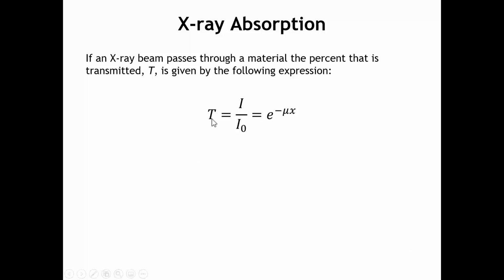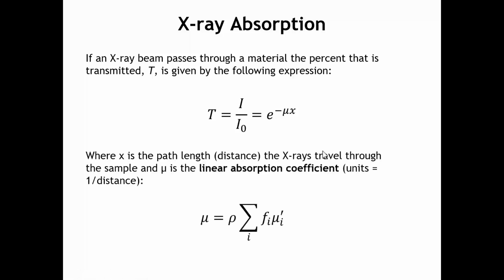The percent of X-rays that are transmitted, that is the intensity of the X-ray beam divided by the initial intensity, is equal to e to the minus mu x, where mu is a parameter that we call the linear absorption coefficient. It has units of 1 over distance, and x is the path length. The product of mu x is dimensionless.